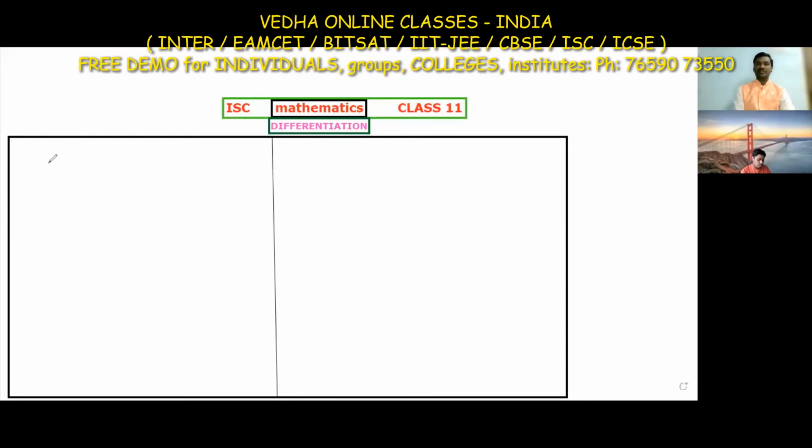Differentiation. How do we differentiate a function? Here I am differentiating a function, d by dx of y. What does it mean? Here d by dx of y means we are differentiating the function y.